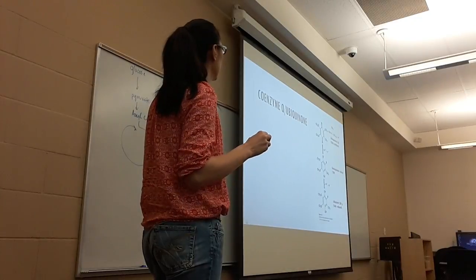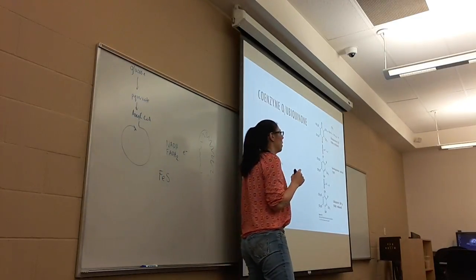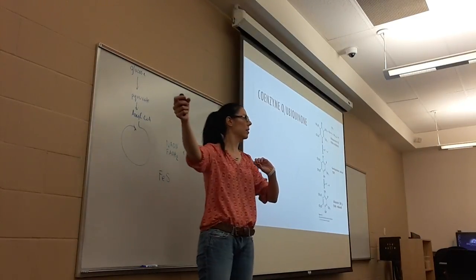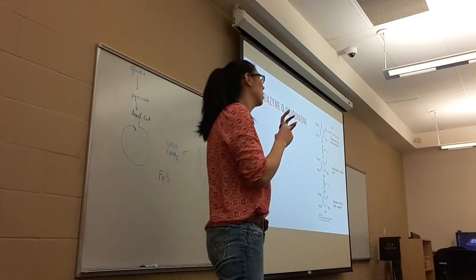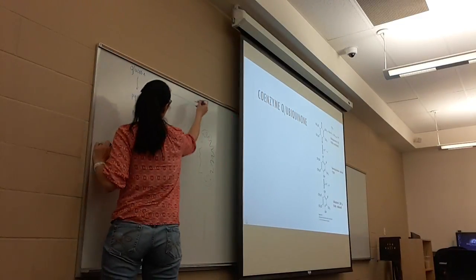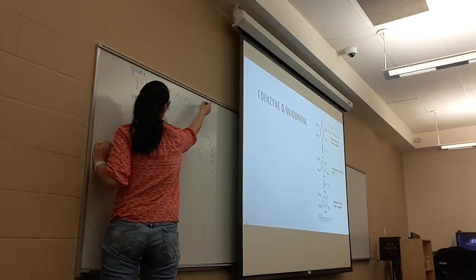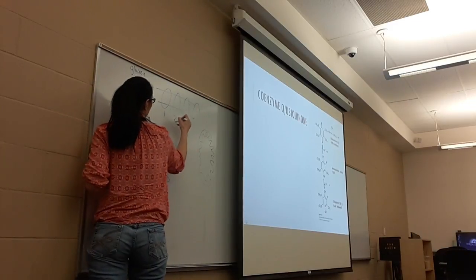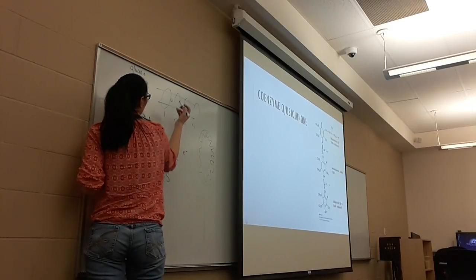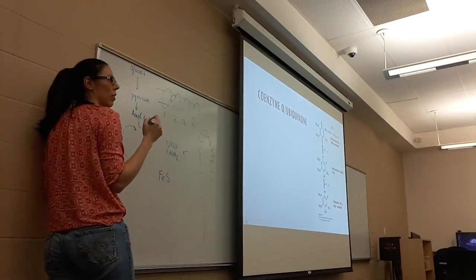Coenzyme Q is another molecule that's important in the electron transport chain. And what it does is carry the electrons from one complex to the next. So if we're looking at the membrane and we have our four complexes, I'm not doing the picture justice, the Q molecule is able to carry the electrons from one to the other.